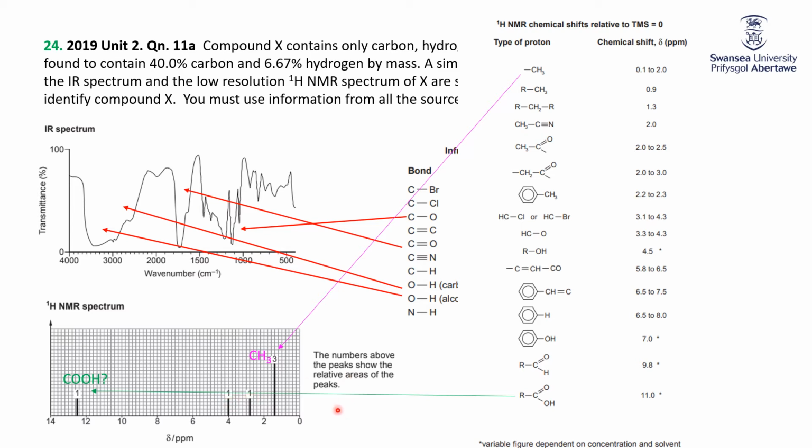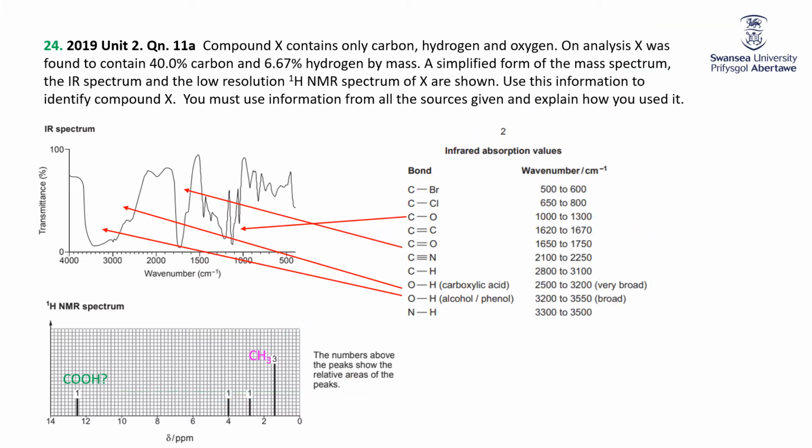Okay, so let's see if we can put everything together. We know we've got a methyl group. We know we have an acid group. We know we have 1 carbon that's going to be in the middle of those. And then the only question is what else is in there? Well, we've got an alcohol group which has to go on carbon 2, and we have this other one here.